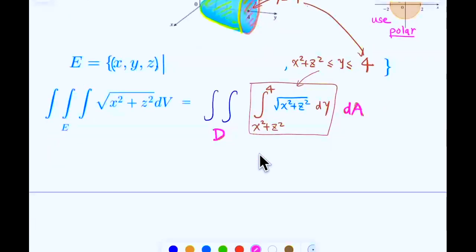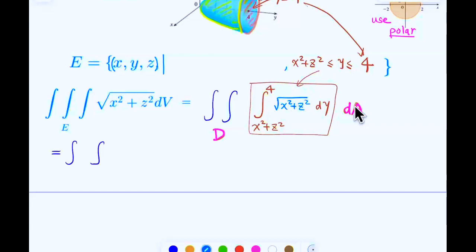Now let's finish this. So that's equal to, set up the region, okay? How about we try to evaluate this innermost integral? What's the antiderivative of this with respect to y? It will be that times y, right? Because this doesn't contain y. So the antiderivative of this will be this times y.